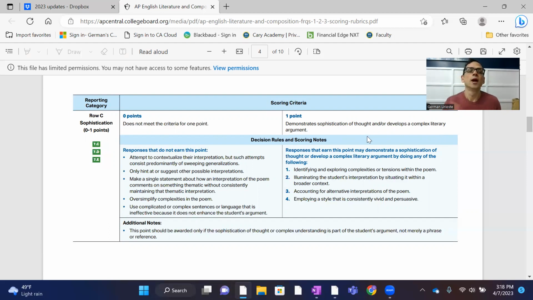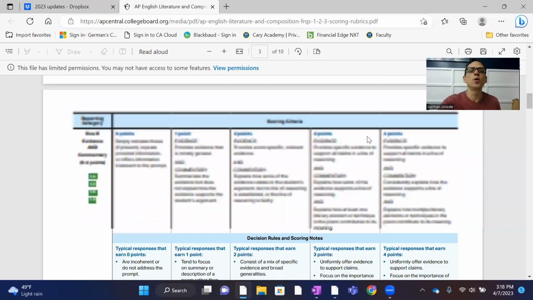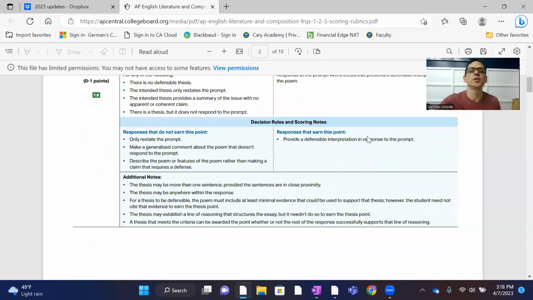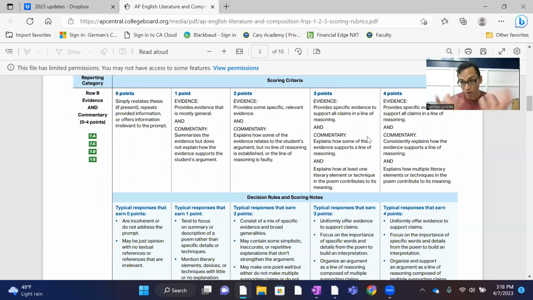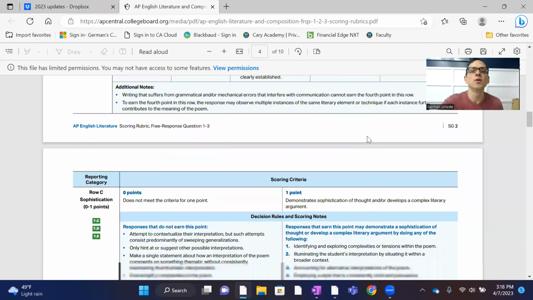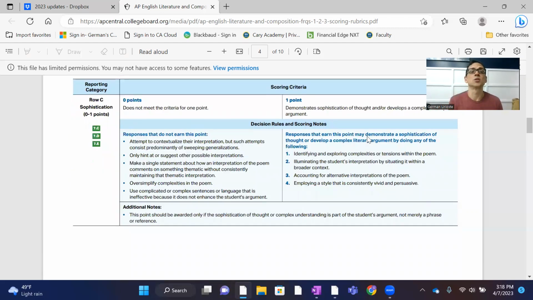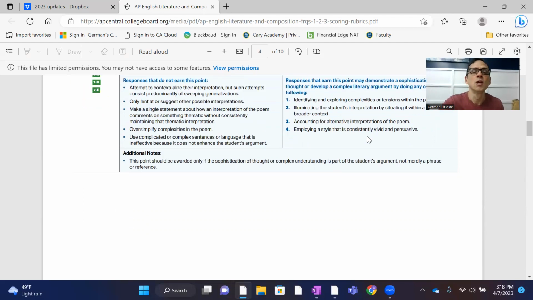So again, 1 point for a viable thesis, up to 4 points for what you do in your body paragraphs, your evidence and commentary, and then 1 point for sophistication. Whether there is sophistication of thought here. It's possible you could have a viable thesis that's not that sophisticated and not get a point here, but most likely, with a viable thesis, you'll probably do okay with this last part, sophistication.